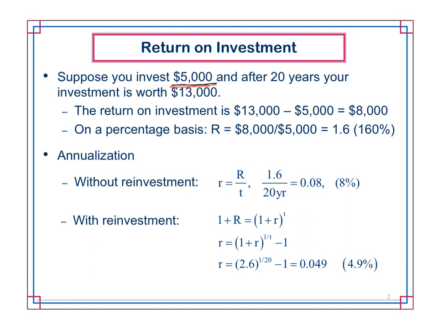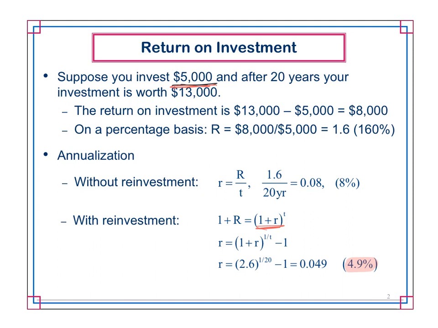Or we can reinvest it, which now includes the fact that we're getting interest on our interest. And so then we basically have to add our 1 plus R calculation there. So you'll notice if you reinvest, your interest rate is far lower, 4.9% as compared to 8%.